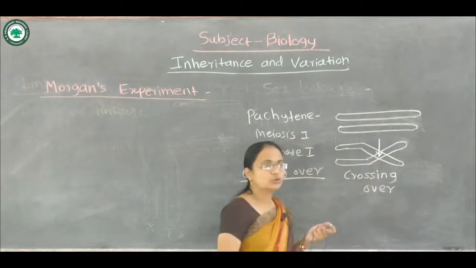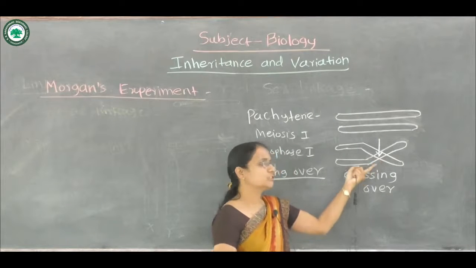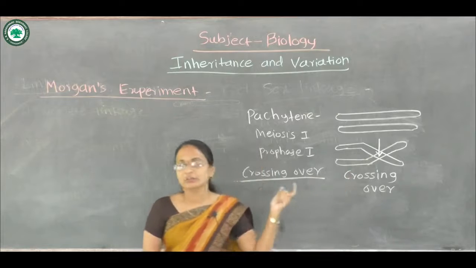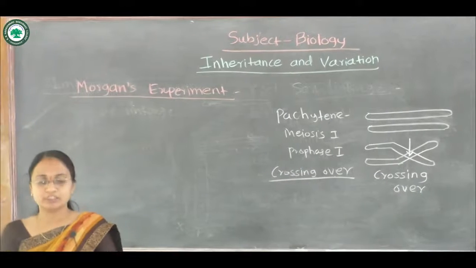This point, where the genes get exchanged, is also known as chiasmata formation. Now Morgan explained that same concept in his experiment.